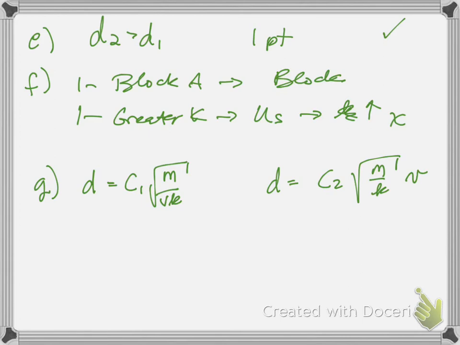In the 2 equations, they're constants. They're just different constants. So G says, without deriving the correct equation or anything else, explain which equation better supports your explanation for the distance in part F.